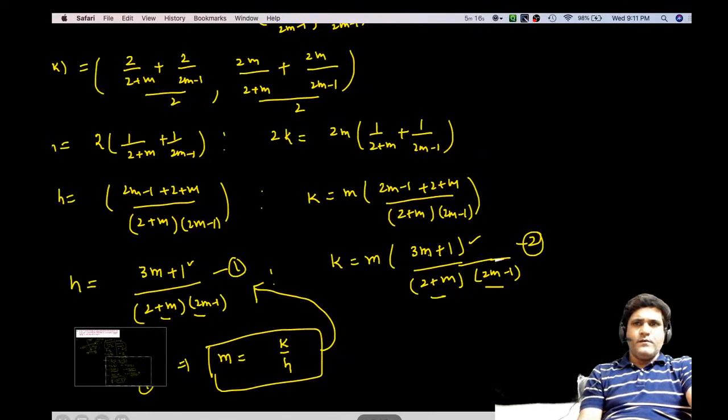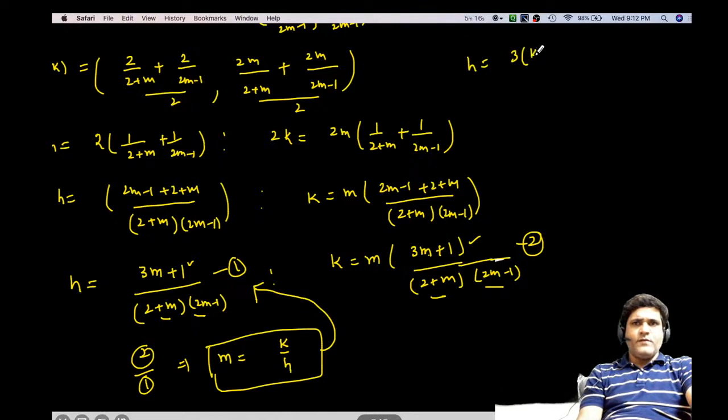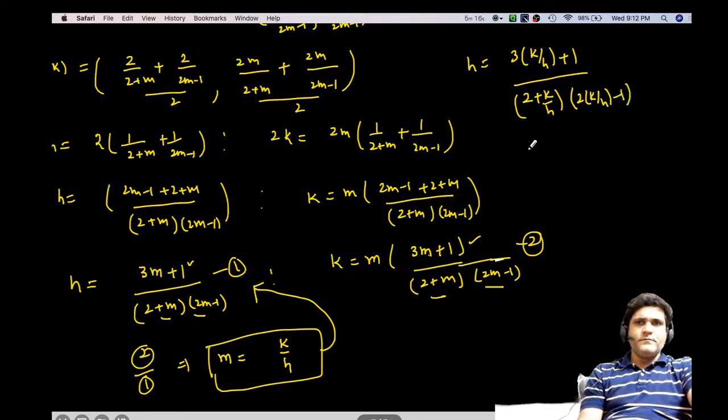Therefore h is equal to 3 times m, that is k by h, plus 1 over 2 plus k by h, into 2 times this k by h minus 1.